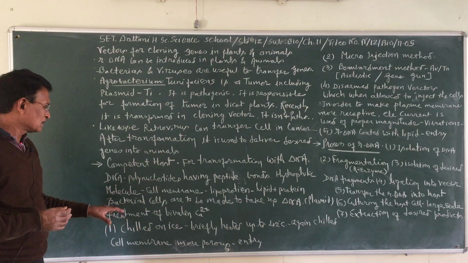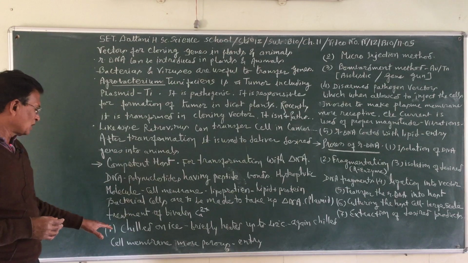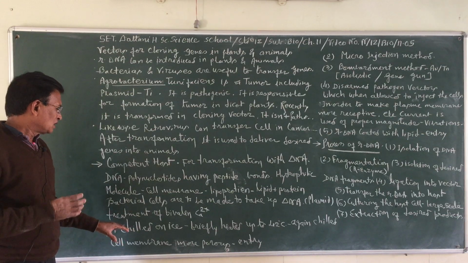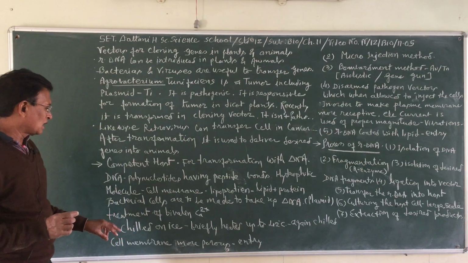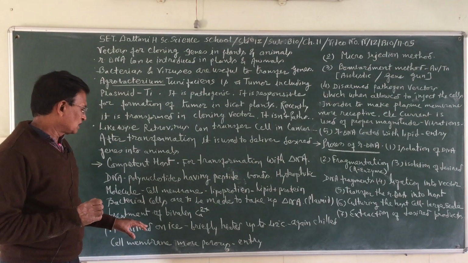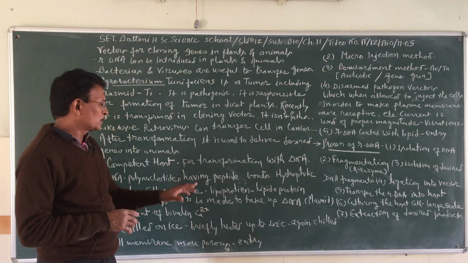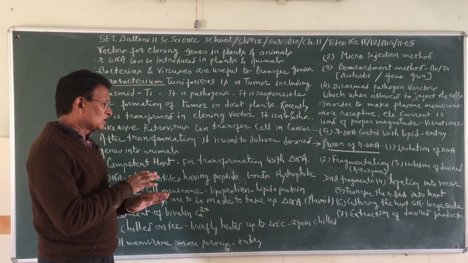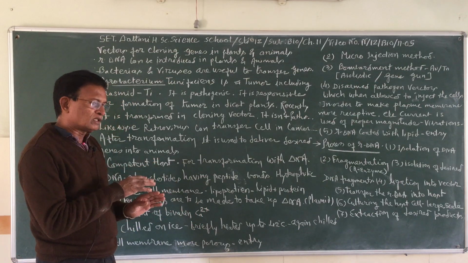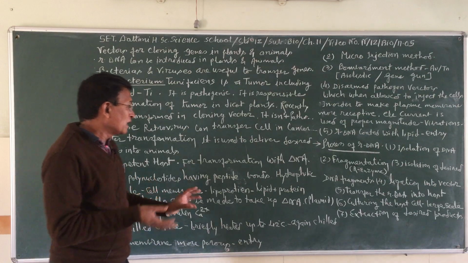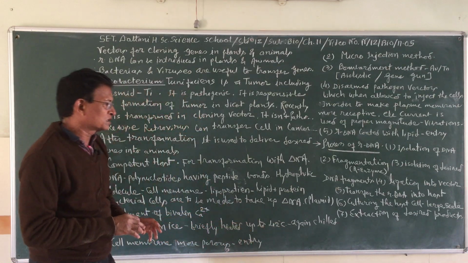Now, for that purpose, some methods are used. One of them is, first of all, the DNA is chilled on ice at 0 degrees Celsius, then briefly heated up to 42 degrees Celsius. That is first contraction, then afterwards expansion, and again chilled, that is again contraction.